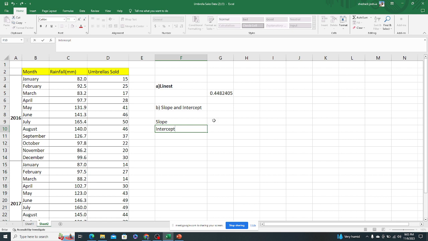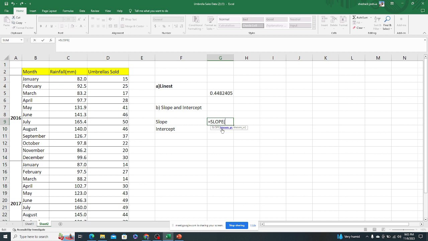We have a function called SLOPE, which returns the slope of a linear regression line through the given data points.